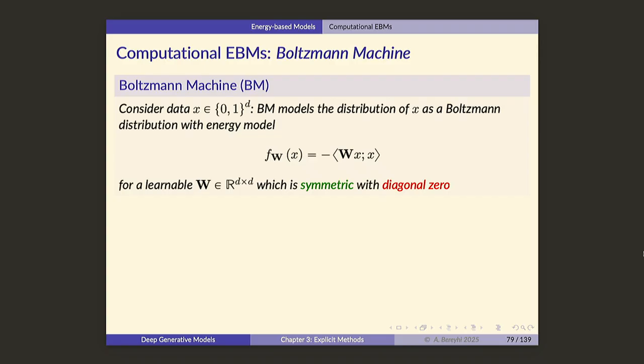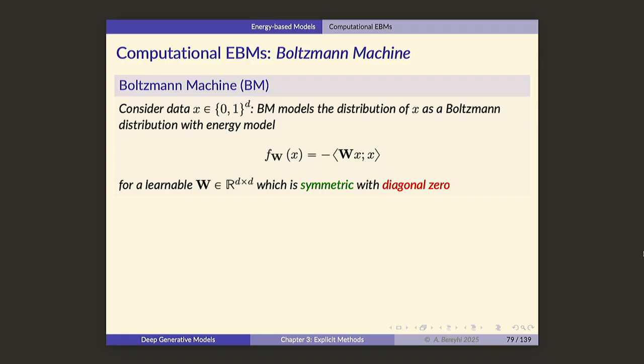It means the parameters inside this matrix, I can learn them, I can optimize them. Now, I am going to multiply W with X, so I get one vector out of this multiplication. And then I compute the inner product of this vector with X itself. You get the idea? So Wx is a vector, and you compute the inner product with X.